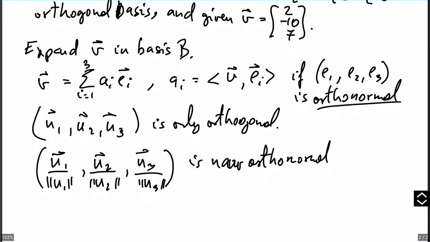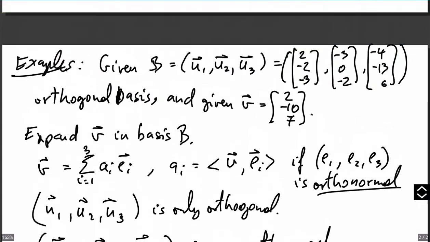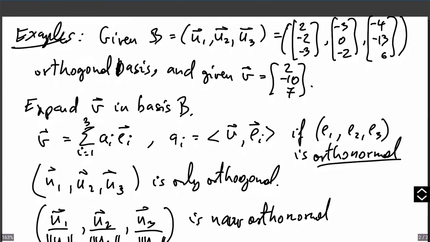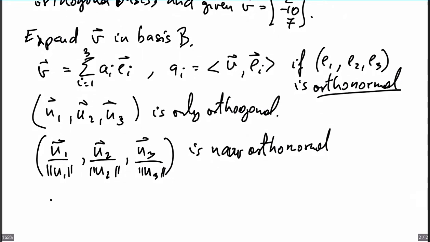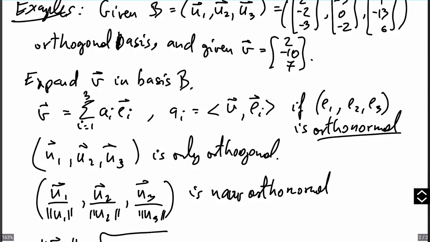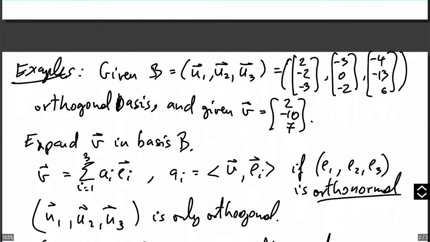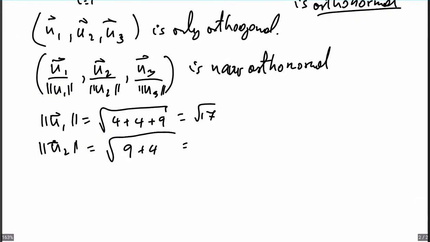Perhaps you don't want to do it right now, because what you can see is that the norms are not nice integers. So the norm of u1 is the square root of 4 plus 4 plus 9, which is the square root of 17. The u2 norm, the square root of the sum of the squares, 9 plus 4, which is the square root of 13, and so on.